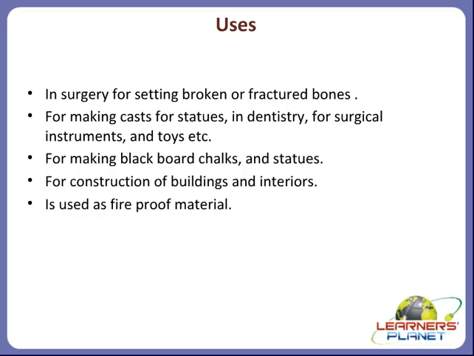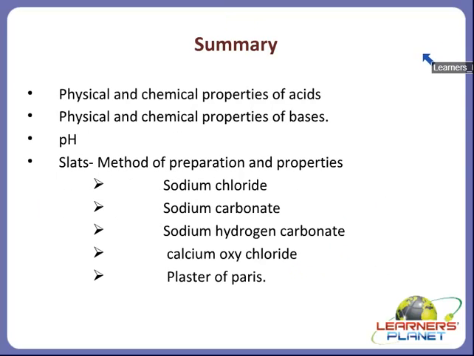So now we have completed this topic of acids, bases and salts, right? In this topic we discussed the physical and chemical properties of acids. We discussed what acids are and why they behave as acids: because they lose H+ ions in solutions. We discussed various properties of acids, that is, their action on metals, carbonates, sulfates, sulfides and metal oxides.